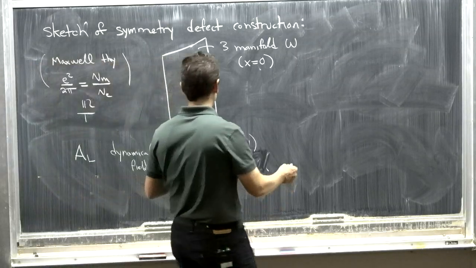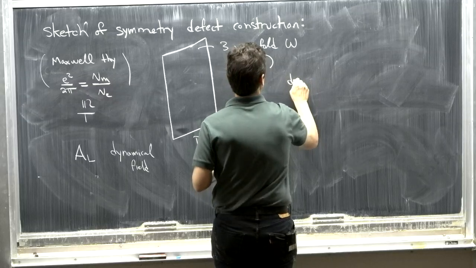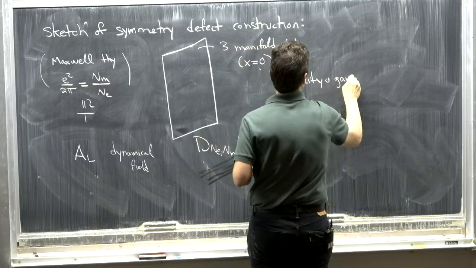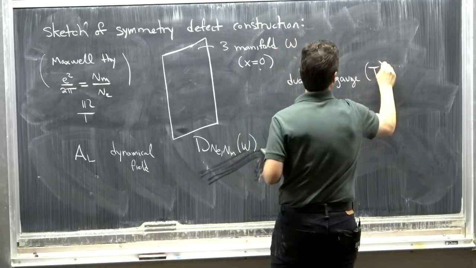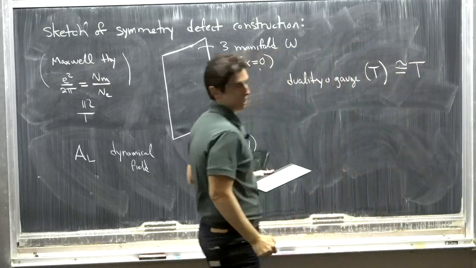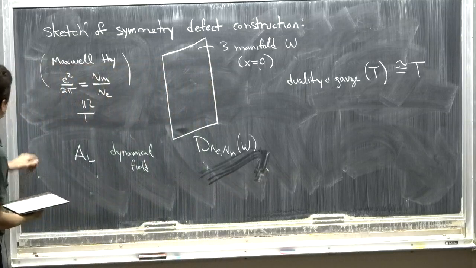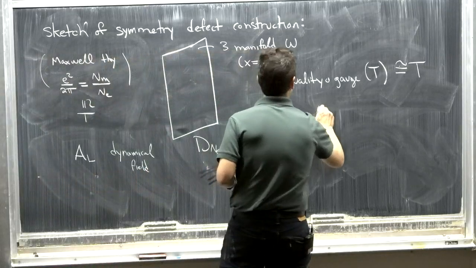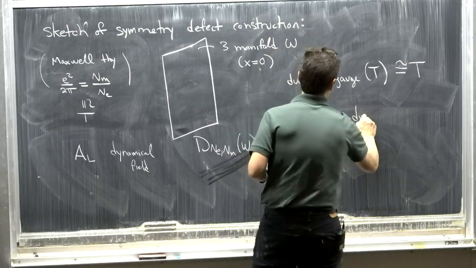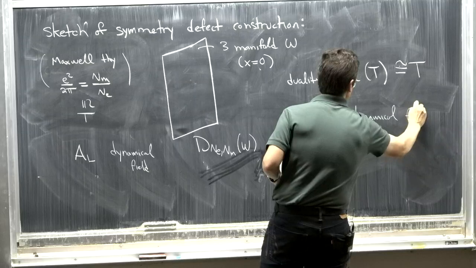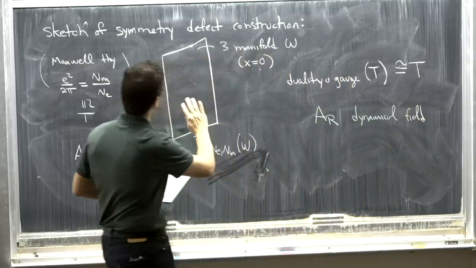Over here, we have the duality of gauge of T, which brings us back to T, because we've tuned the coupling to be particular. And A_R is the dynamical field. Okay, so that's the picture.